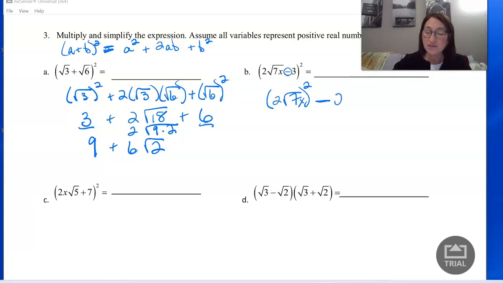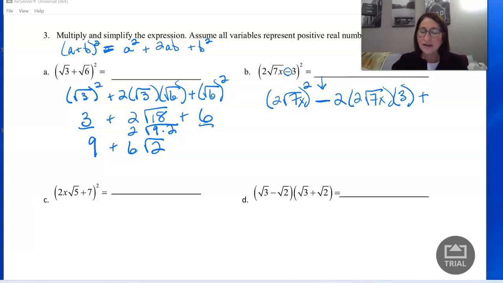Minus, I'm going to take 2 times each of those factors. And then 3. I don't put a negative 3. I'm already taking into account that negative right here with the minus sign. Then I'm going to always have plus as my second sign, and it's going to be my second term squared.